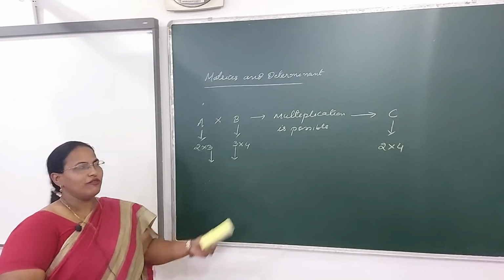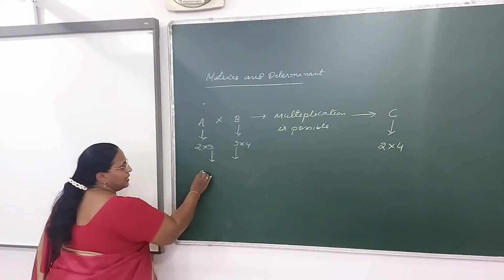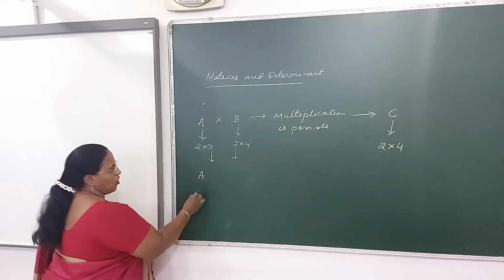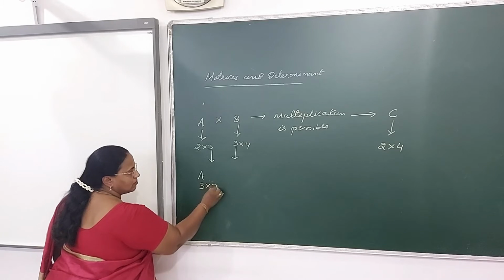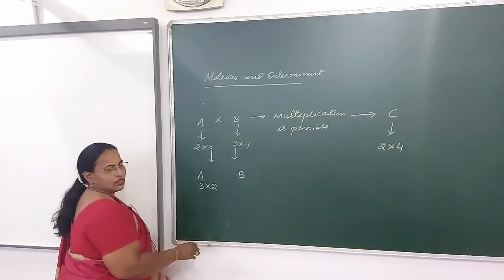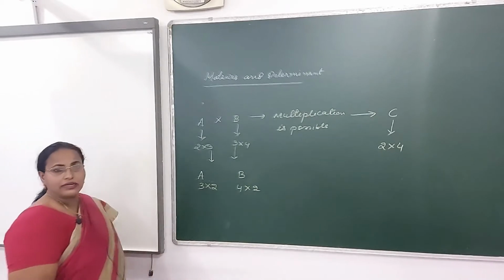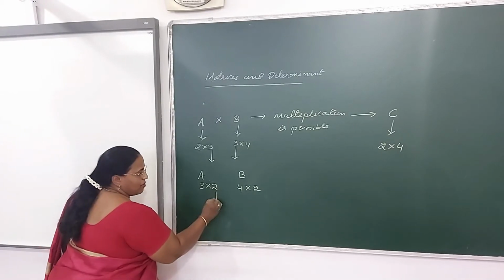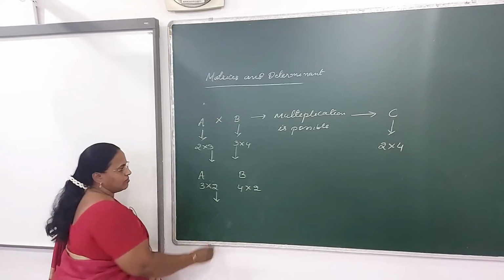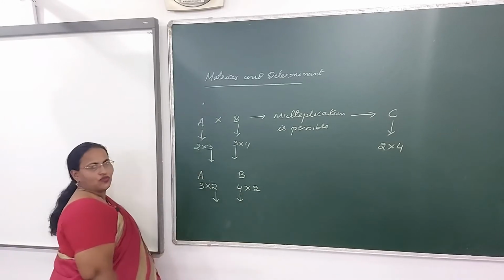Now let us take one more example. Let A be a matrix of order 3 by 2, and B be a matrix of order 4 by 2. Now what about these two matrices? Number of columns of the first is 2. Number of rows of the second is 4.